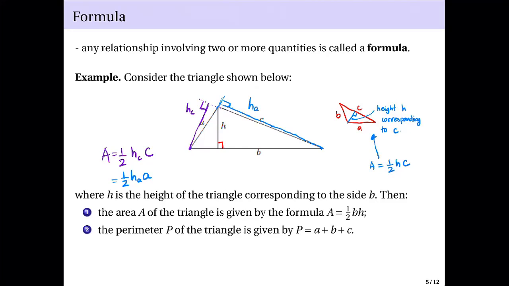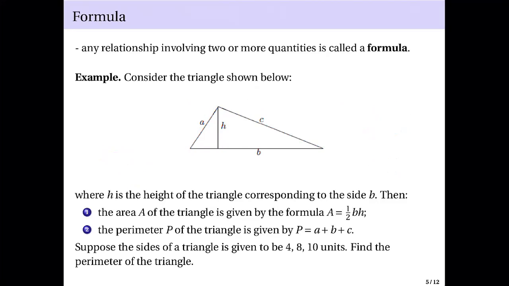Let's see. Suppose the sides of a triangle are 4, 8, and 10 units. Find the perimeter of the triangle. So here, we are only asked to find the perimeter.